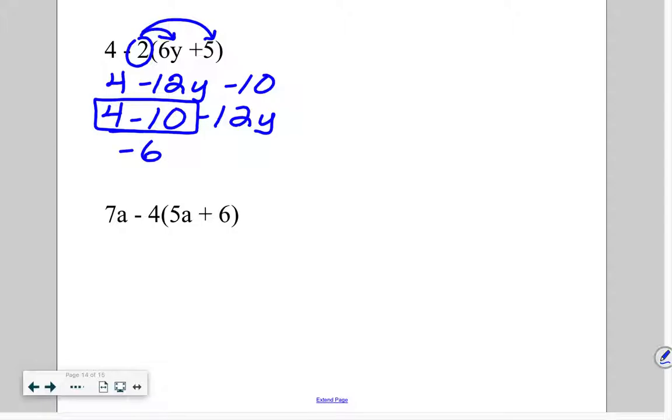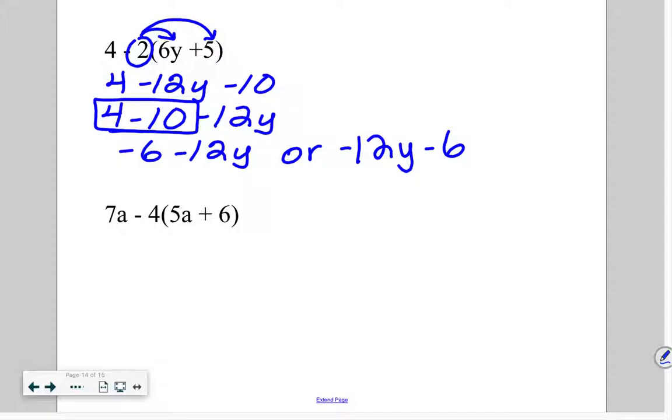And I've done nothing with that -12y. Could I also say that my answer was a -12y minus 6? They're the exact same thing. It does not matter. Do you know which one your book oftentimes uses more than the other?